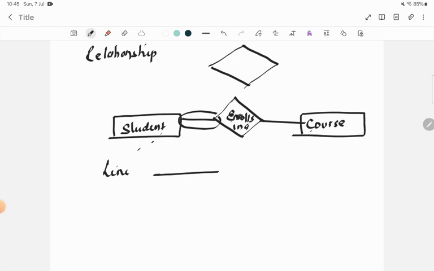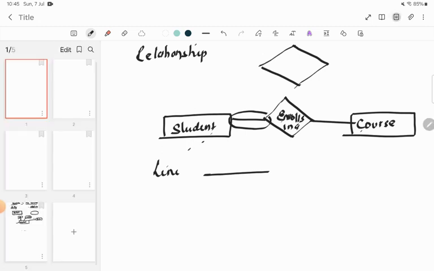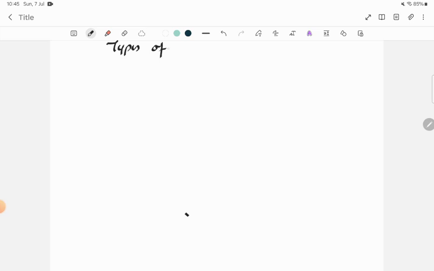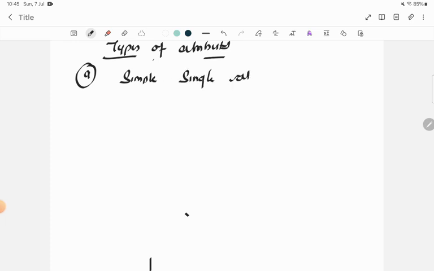Now coming to the types of attribute. Again, we have to represent the various types of attribute in different ways. So these are the types of attributes. The first is the single value or simple attribute, which is represented by a simple oval shape.